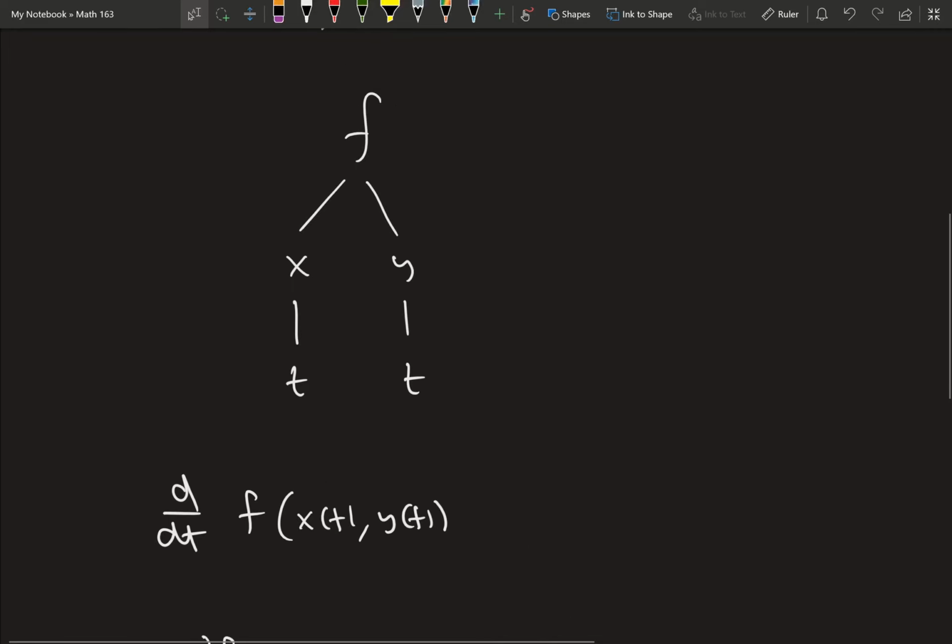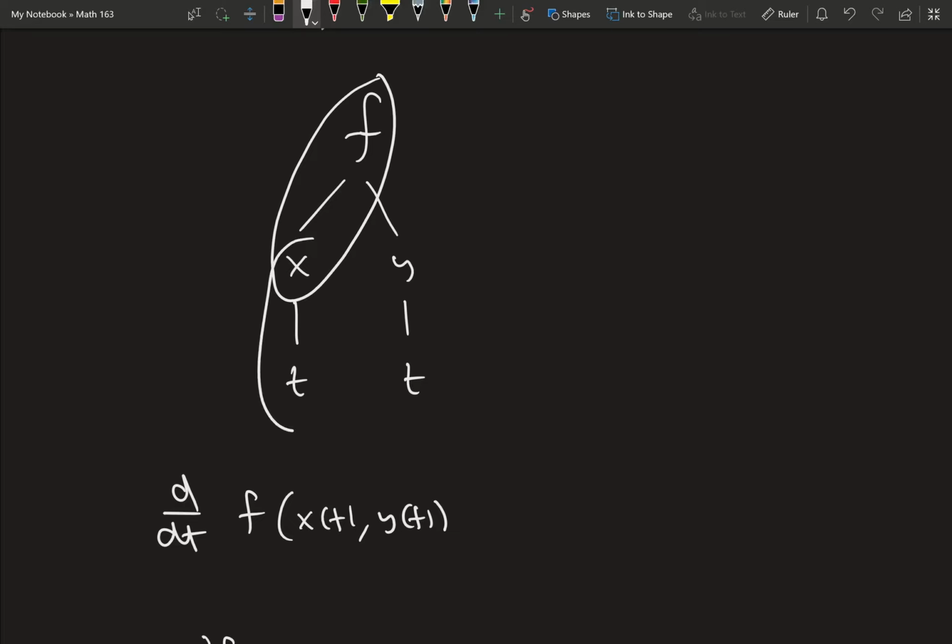And one way to remember it is to just say, okay, let me go down all the columns that connect to t. So for example, this t at the bottom right here connects to x, and that connects to f. That means I have this derivative, which is partial f with respect to x, and then there's this derivative, which is dx dt, and these are multiplied. When you go down a column, you multiply. And then you go down the next column.